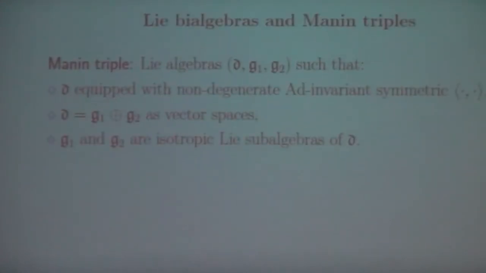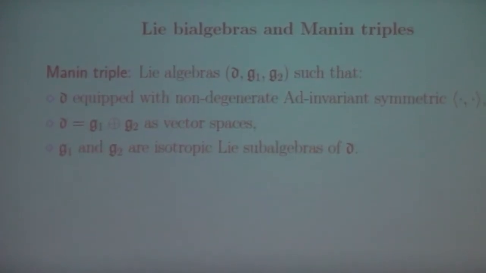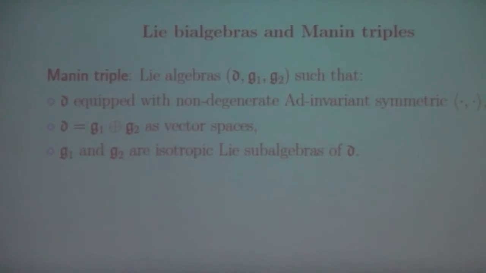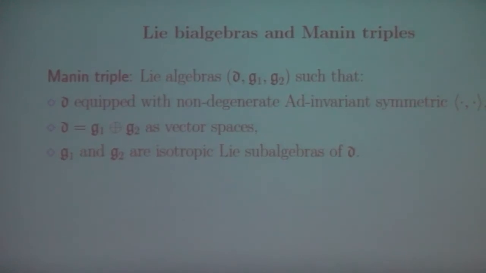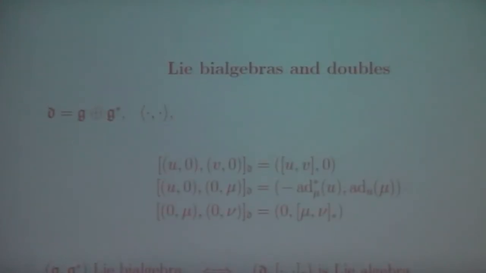What you have is a triple of Lie algebras such that d, the first one that I write there, is as a vector space a direct sum of g1 and g2. This d has an ad-invariant, non-degenerate, symmetric inner product, and g1 and g2 lie in there as isotropic Lie subalgebras. So they are closed under the bracket, and the pairing vanishes on them. This is exactly the situation that we had here.